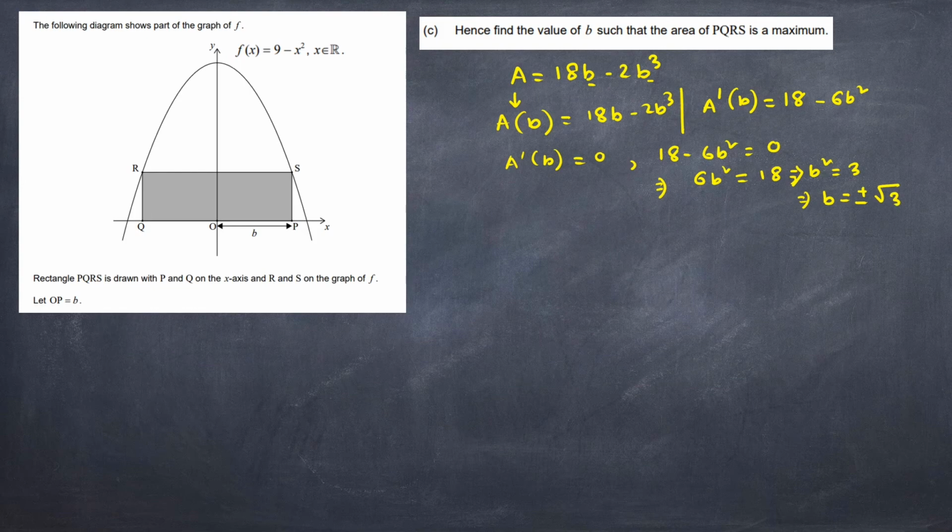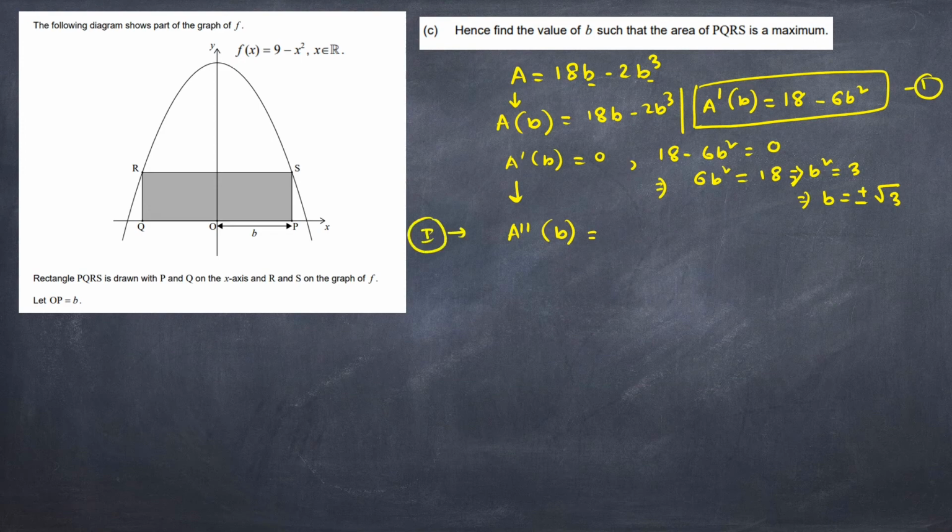Now we need to determine whether the plus value of B or the minus value of B applies. In a previous video I mentioned that to find the maximum or minimum value, we need to calculate the double derivative also. A dash B equals 18 minus 6B square. This is equation number 1. We will use equation number 1 here. So A double dash B will be minus 12B, since 6 into 2 is 12. Now we will check the double derivative to find the maximum value.